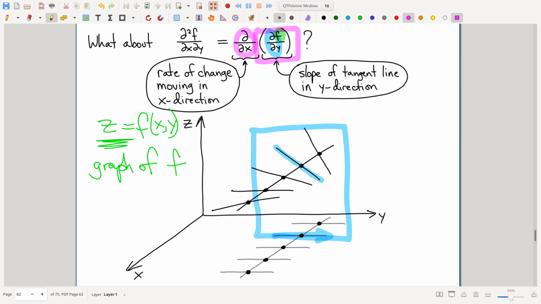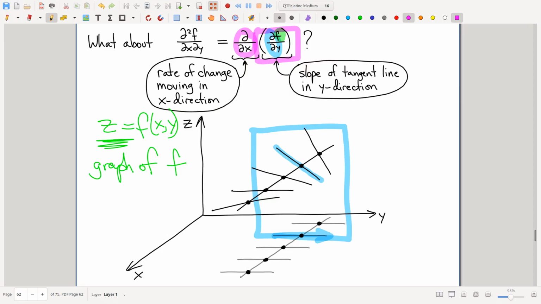We're looking at a graph of f, right? So we agreed upon that at the beginning. I can only interpret a partial as a slope of a cross section if I'm looking at a graph of the thing I'm taking the x partial of. I am not looking at a graph of the y partial of f. I'm looking at a graph of f itself.